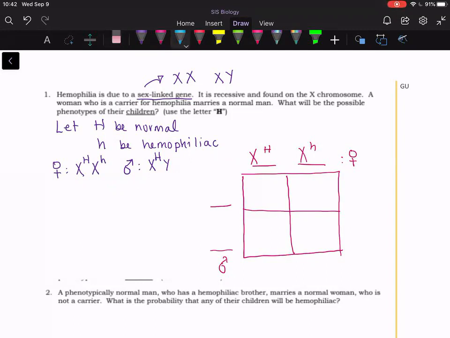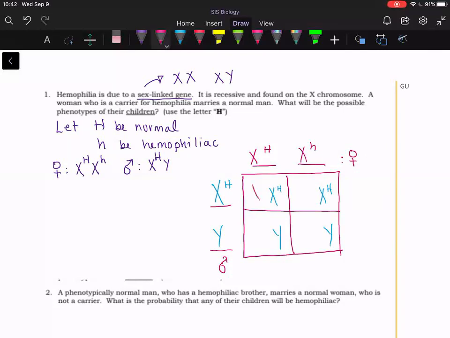Now for the male, I'm going to do the exact same thing. Okay, now let's start putting in the sex chromosomes. So do you see how for the row with the capital H from the male, I put them both there. Now I always put the Y, the second letter, so that's why I'm changing it.